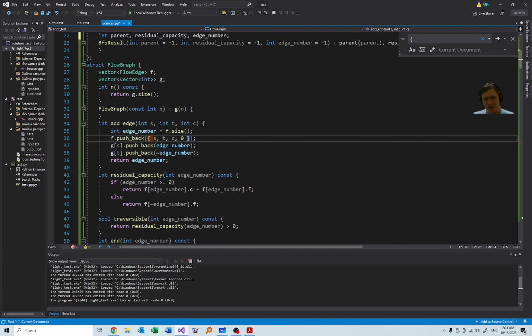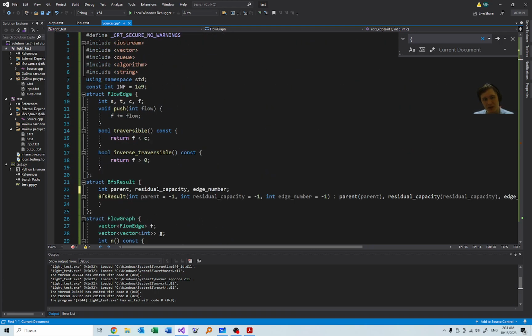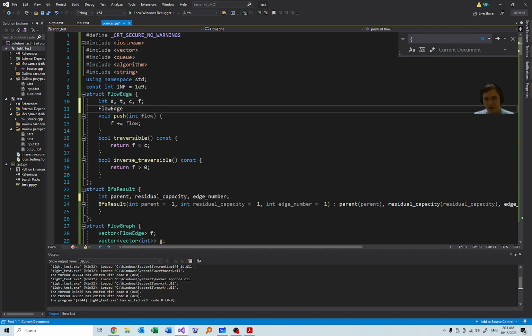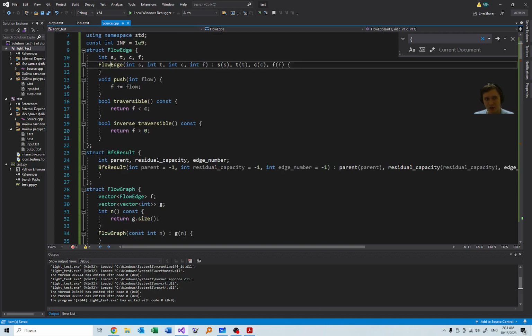Also, I guess this will not work. I think this will not work. Yes, because we need a flow edge structure. So we have to write some boilerplate code for this to work.